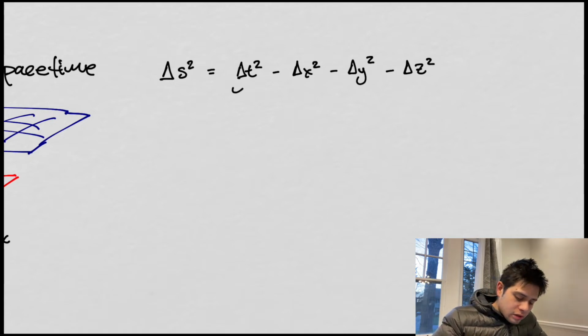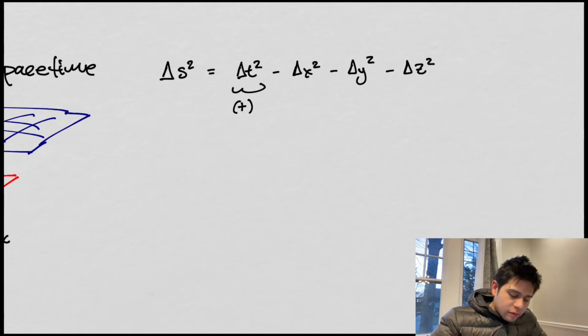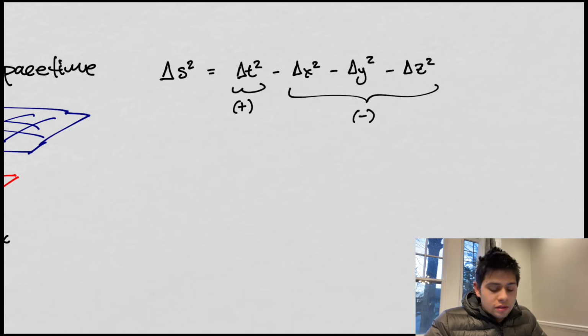Right, so this has a positive sign on it, while these guys here have negative signs. The idea here is that these have to be the opposite, right? So the time component can have a negative sign, but if the time component has a negative sign, then our spatial components would have the positive signs.